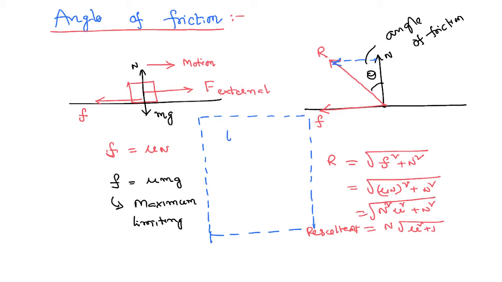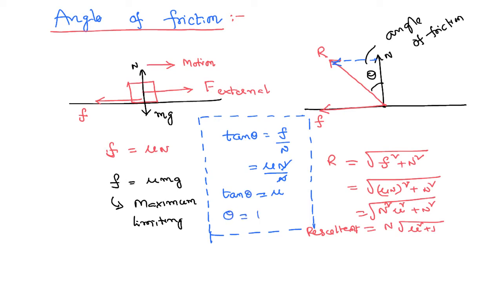tan theta in that right angle triangle is equal to frictional force by normal reaction, because tan theta is defined as the opposite side by adjacent side. We know frictional force can be written as mu into normal reaction, by normal reaction. We can cancel normal reaction and normal reaction, and hence tan theta equals mu.